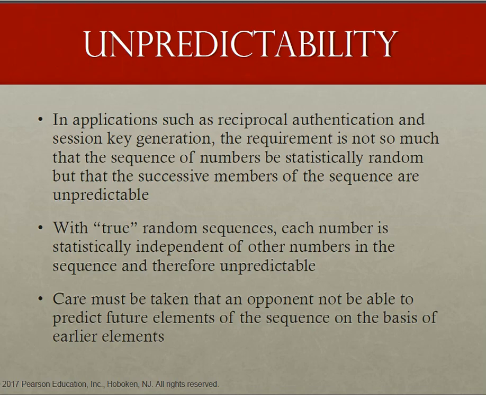With a true random sequence, each number is statistically independent of other numbers in the sequence, and therefore it will be unpredictable. True random numbers are not always used. Rather, sequences of numbers that appear to be random are generated by some algorithm. We will see these issues later also.